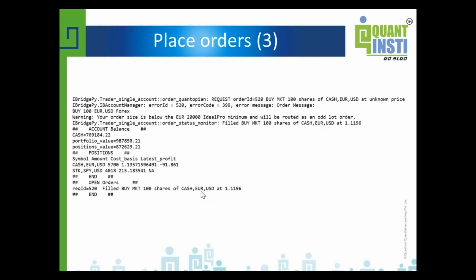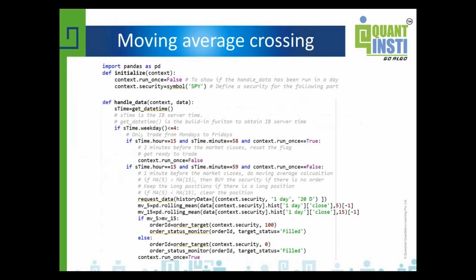To realize that, here I define a variable in initialize. It's run once, which tells if handle data has been run in a day. False means it has not been run, and true means it has been run. It's just a flag. Here I define the security, and for the following part, it's the symbol SPY.